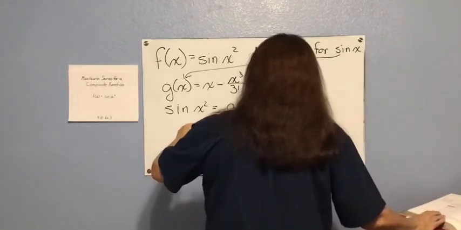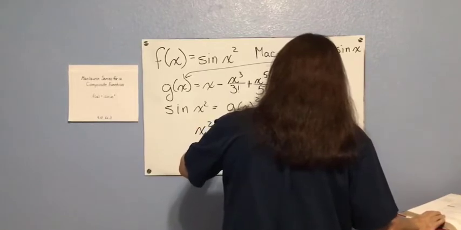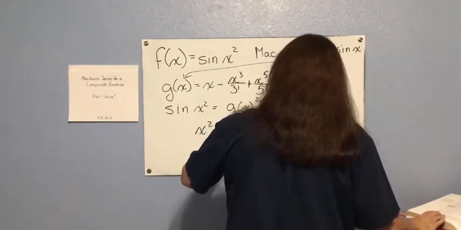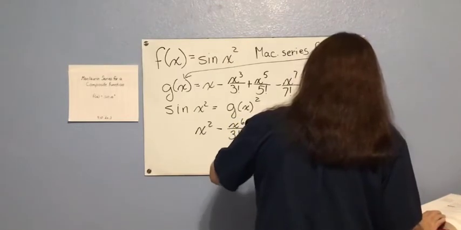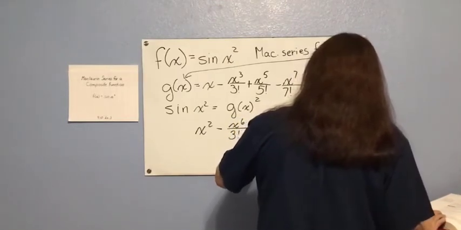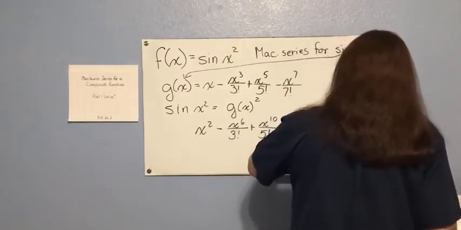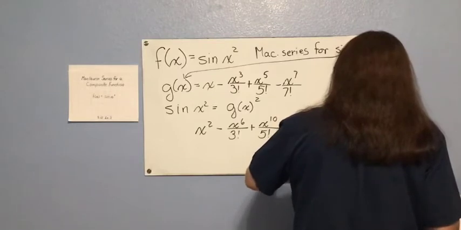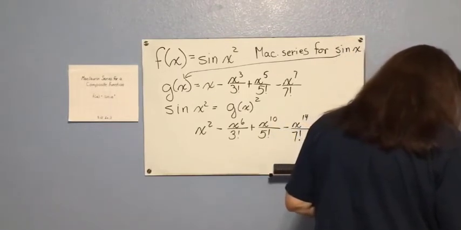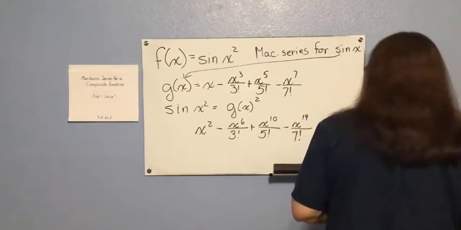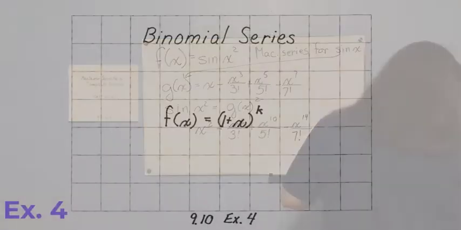So I'm going to have now x squared minus x to the 6th over 3 factorial plus x to the 10th over 5 factorial minus x to the 14th over 7 factorial. Okay, and this can be my series.